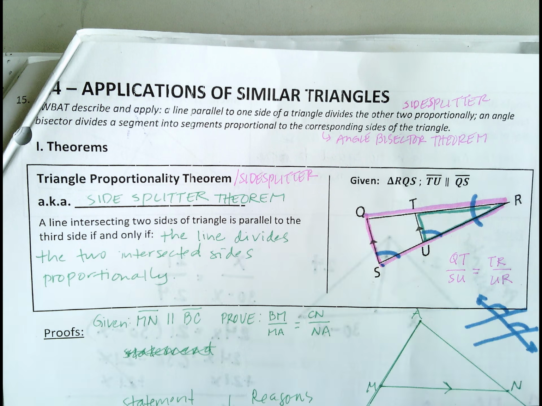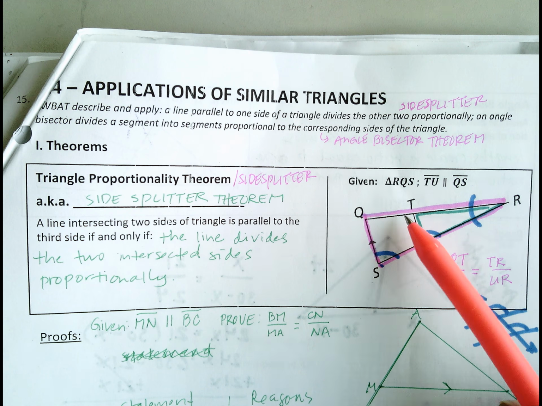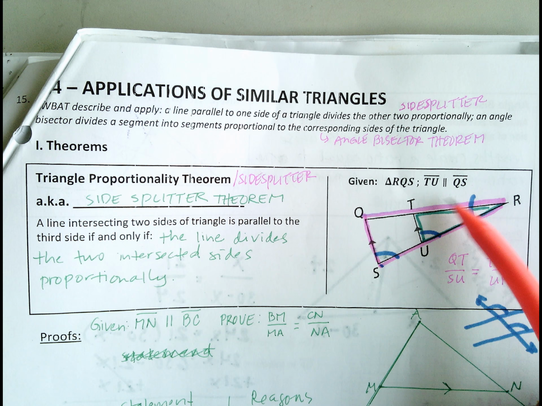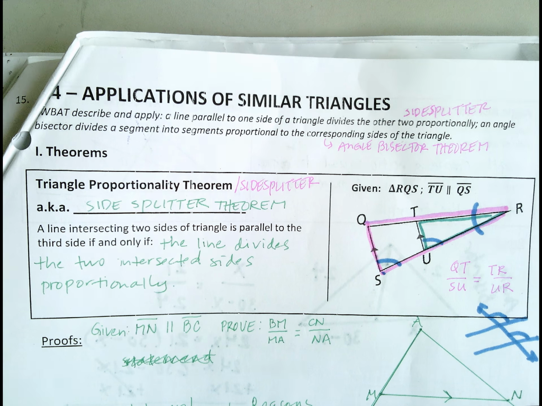So this is exactly what the side splitter theorem is. It creates a set of proportional sides in these two embedded triangles, okay? And we're going to see how that works in solving for a missing side in a set of triangles.